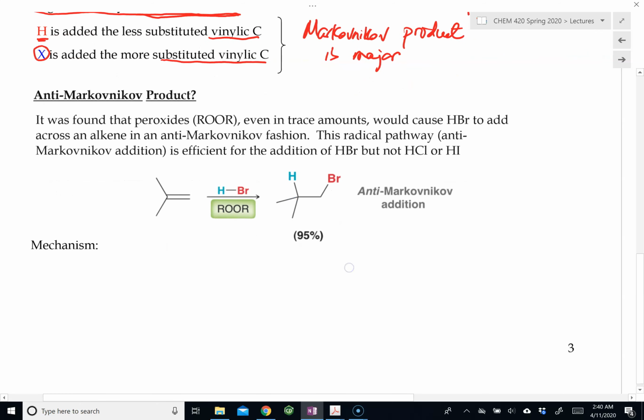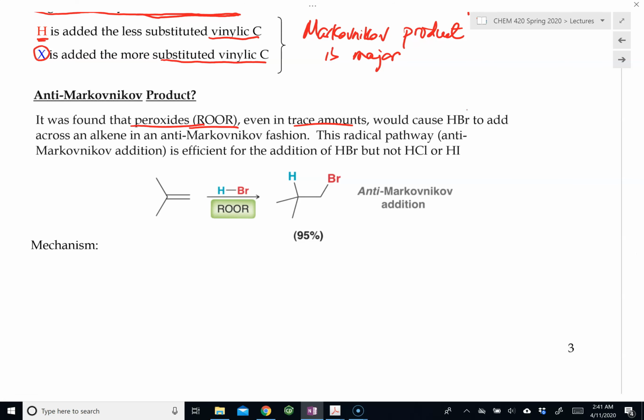However, it was accidentally discovered that when we perform this very similar reaction in the presence of a peroxide, such as hydrogen peroxide, or any type of peroxide, even in a small amount, it would cause the HBr or the HX to be added in an anti-Markovnikov fashion.